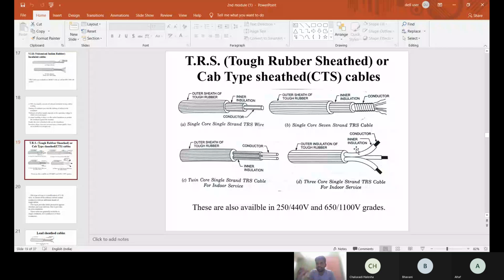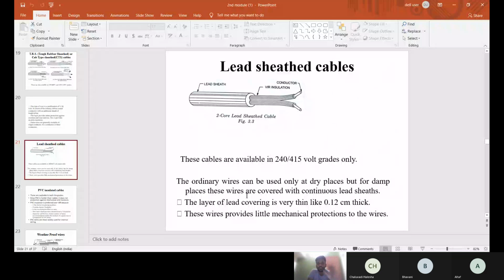In previous slides we observed that rubber is used as insulation. Here, lead sheath is used as protection at the outer surface. The inner cables are normally insulated with VIR, CTS or TRS, whatever, but the outer sheath is made of lead.